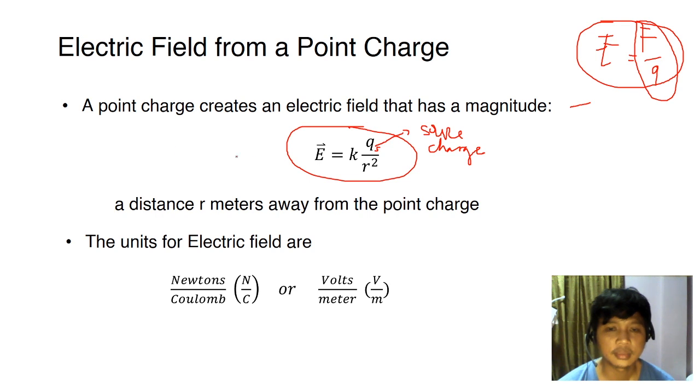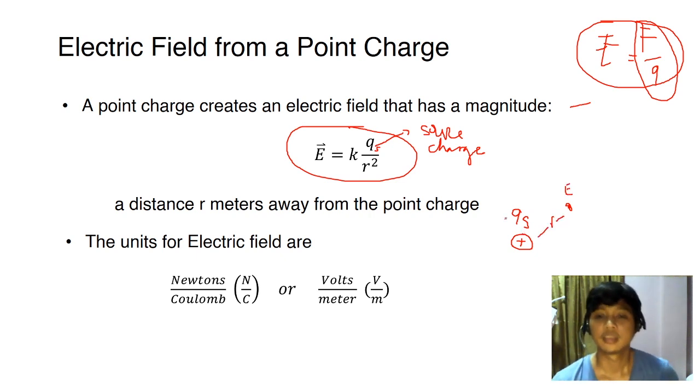Well, this formula is if you want to calculate the electric field produced by a source charge. If you know the magnitude of the source, that's enough so that you will be able to calculate the electric field at a certain distance r.